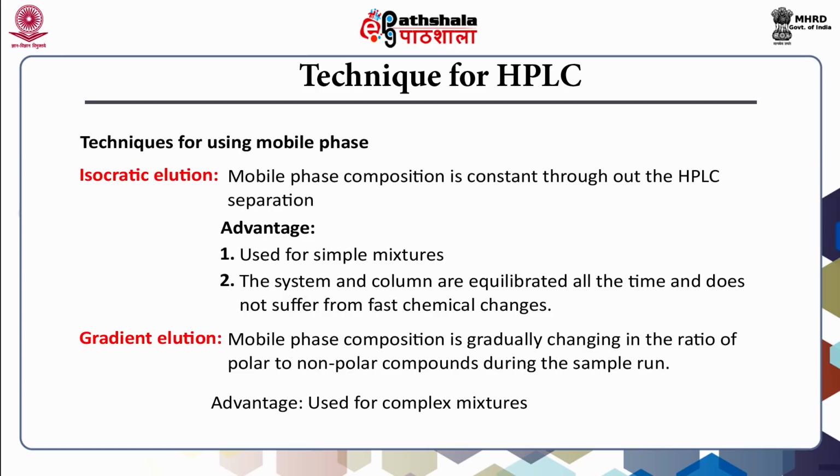For simple mixtures we can use isocratic elution; for complex mixtures we can use gradient elution. In addition to these techniques based on the mobile phase, HPLC can be classified into two more categories, normal phase HPLC and reverse phase HPLC, based on another criterion that we will see in the next slide.